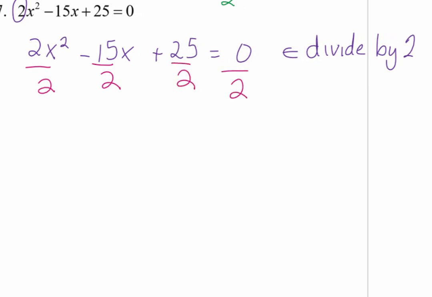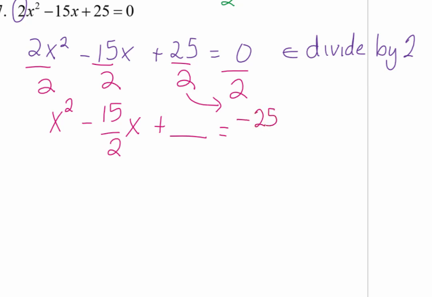Okay. So this is x squared. This is 15 halves. We have a fraction. Darn. And now let's go ahead and subtract the 25. I'm going to leave some room here for my completing the square. And then this is going to be a negative 25 halves. And yes, we have ugly fractions, but we can do this.